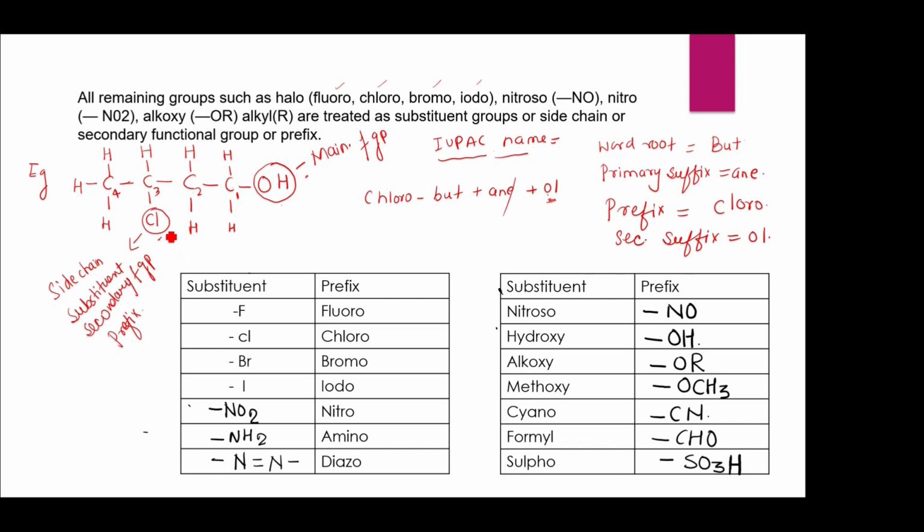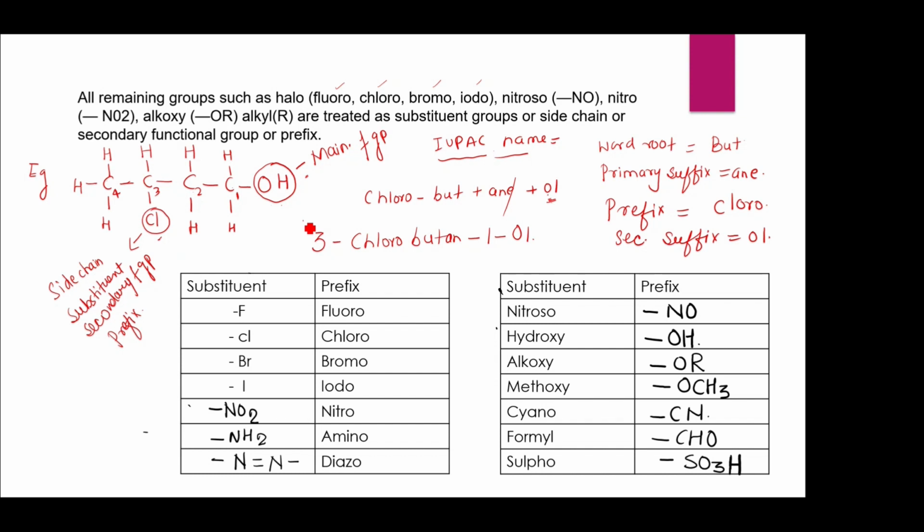Since chlorine is present in the third position, the final IUPAC name of this compound is 3-chlorobutan-1-ol, because alcohol is present in the first carbon.